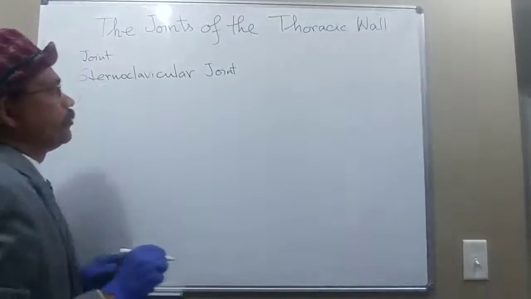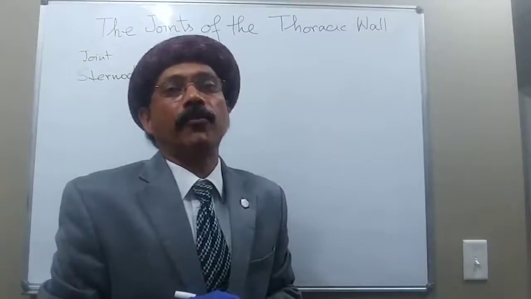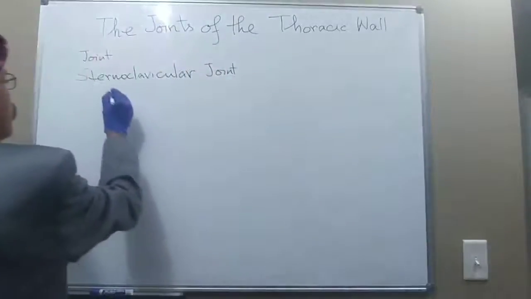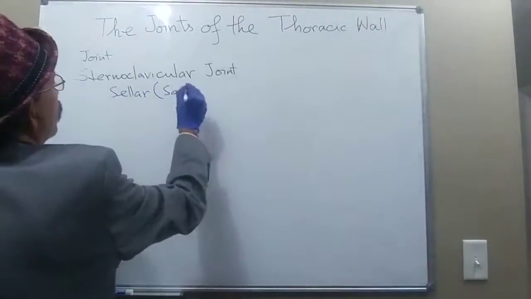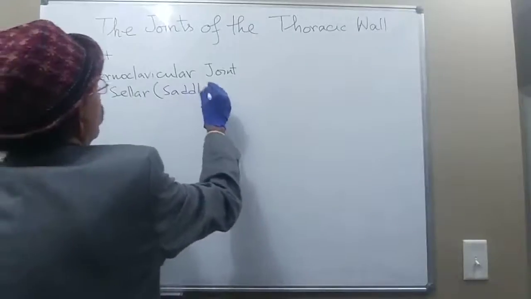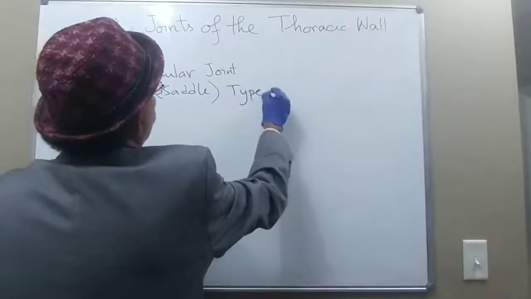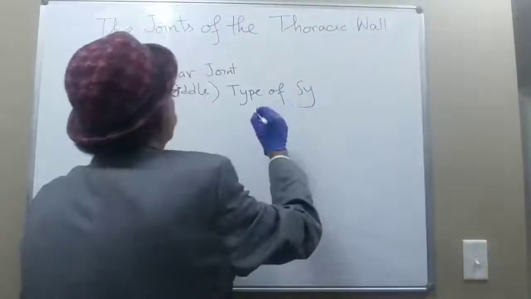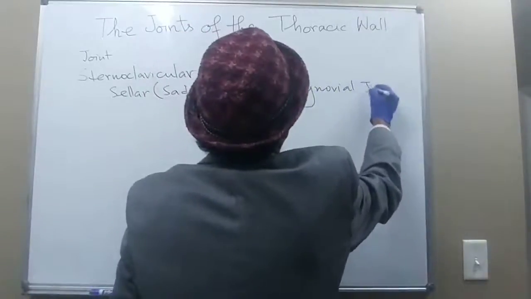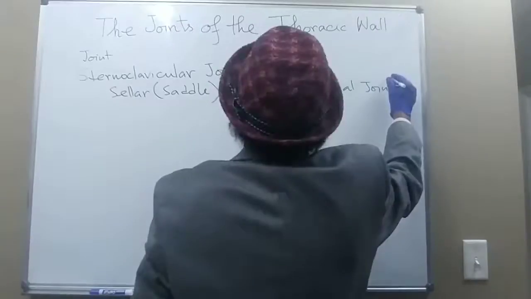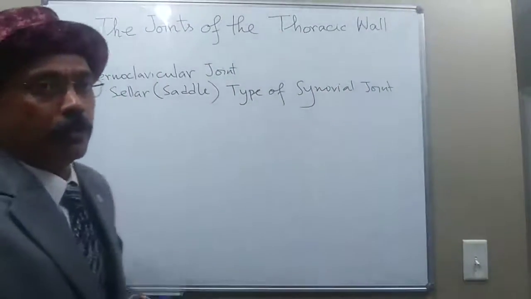Okay, what type of joint is that? The sternoclavicular joint is a synovial joint, a saddle type of synovial joint.